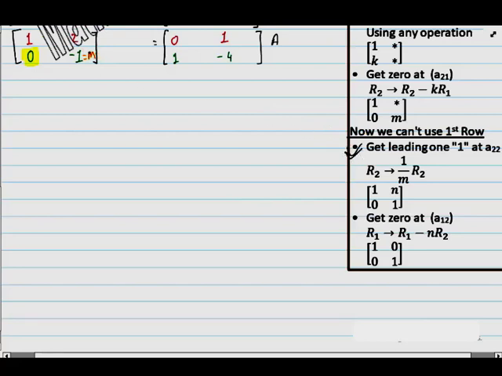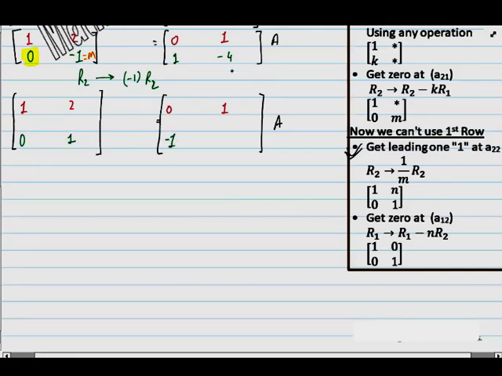Our third step is to get leading one at A22 point, and for that we should multiply minus 1 to the second row. Let's multiply minus 1 to the second row. With this operation our first row stays, and your second row will be 0, minus 1 into minus 1, plus 1, 1 into minus 1 minus 1, minus 4 into minus 1.